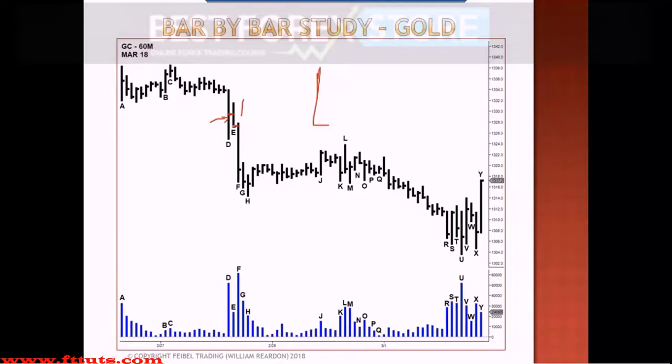And what's important about this bar is that although the volume is lower than D, it's in sync. The spread and volume is in sync. This spread is roughly half the size of this, and this volume is literally half the size.